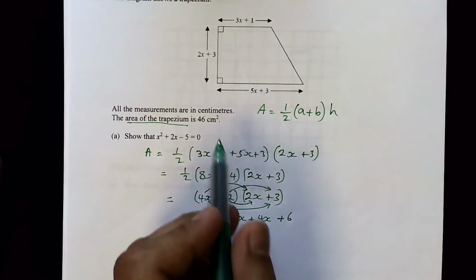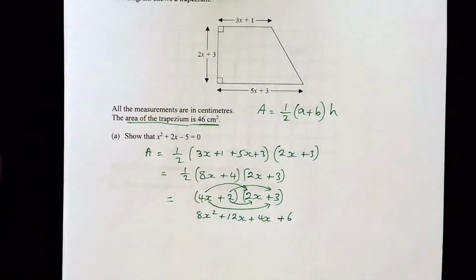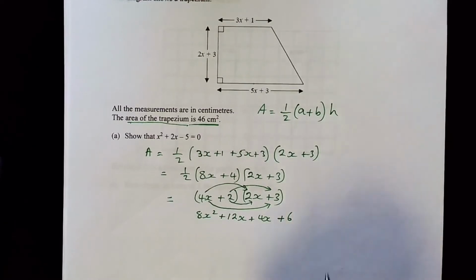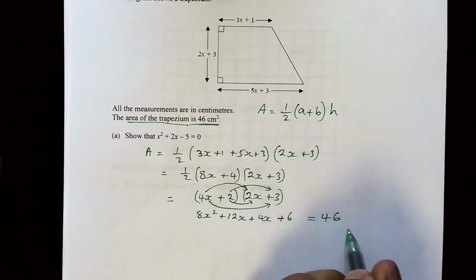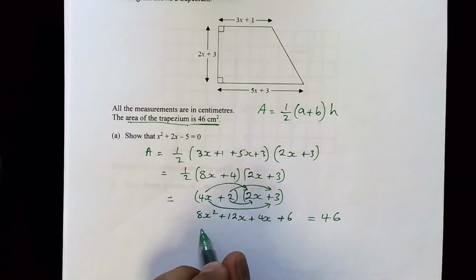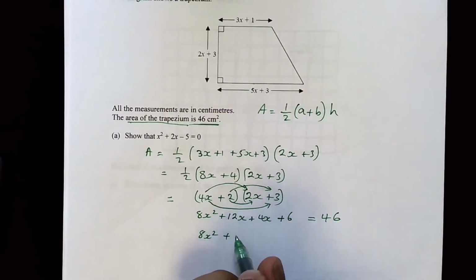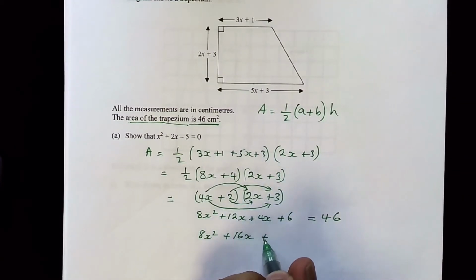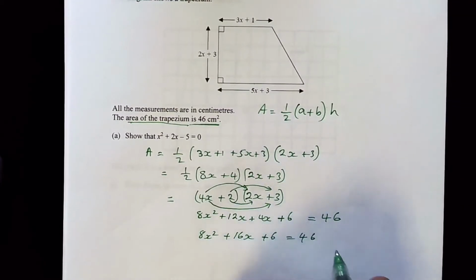And at this stage I'm going to write down, look at what we were told at the start. The total area of the trapezium is equal to 46, so that is equal to 46. Simplify this expression, I get 8x squared plus 16x plus 6 equals 46.